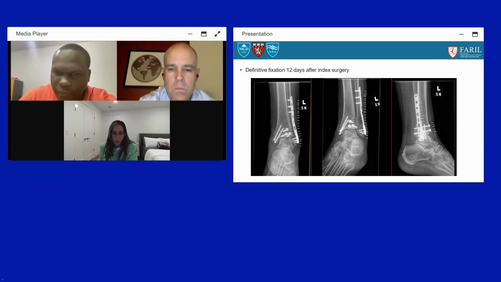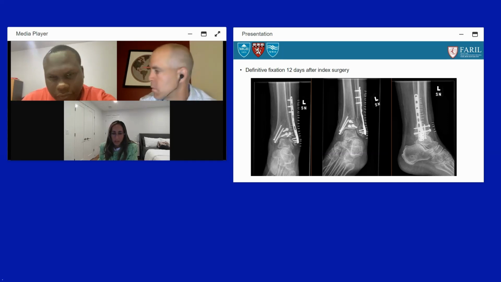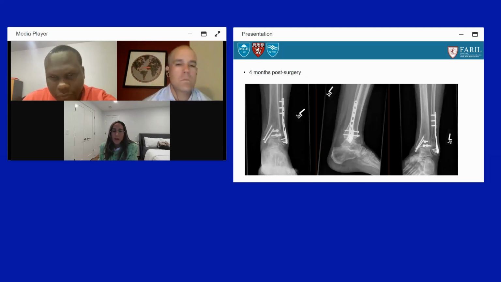So as we can see here, the patient was taken to the OR about 12 days later, and we fixed the fibula fracture and the posterior malleolus with 3 cannulated screws. The patient was then transferred to rehab, and these are the final X-rays about 4 months post-surgery.